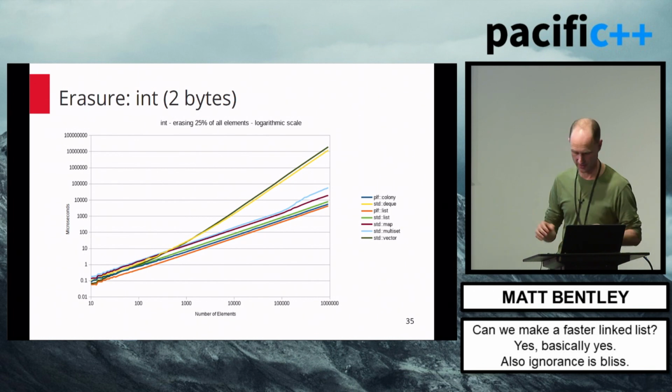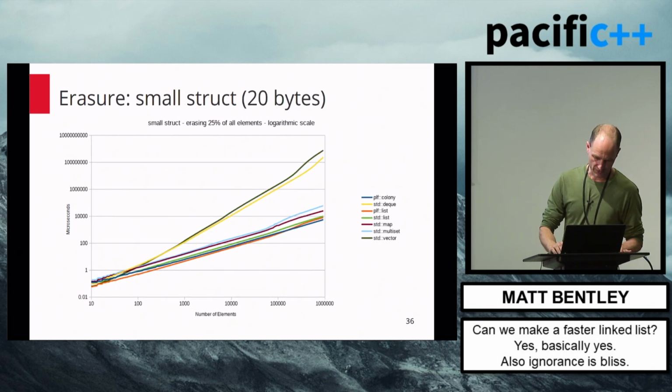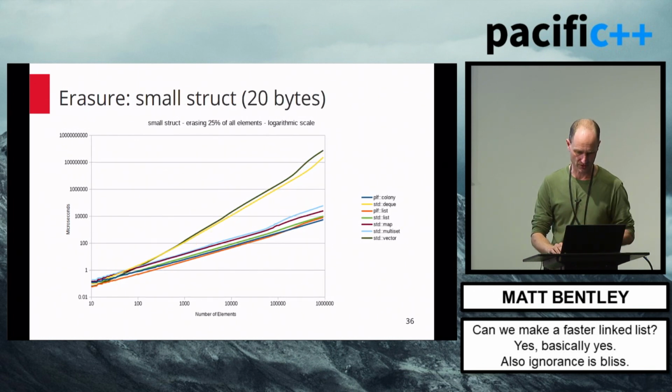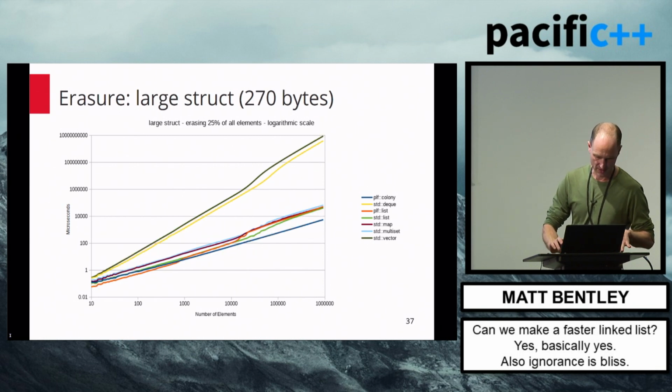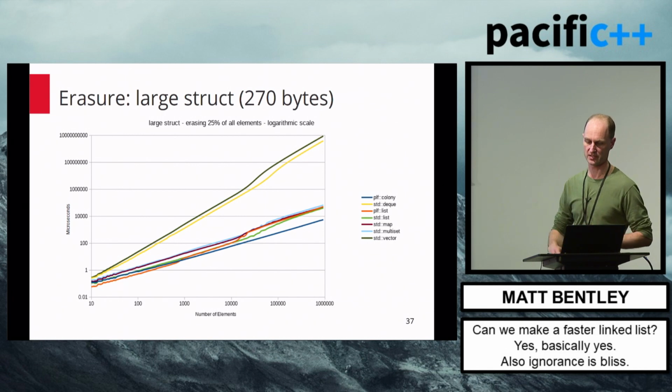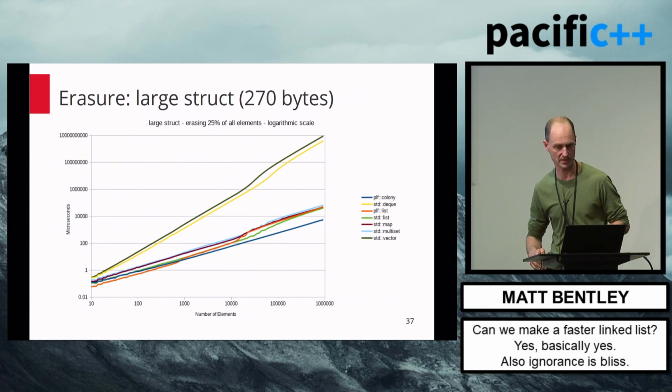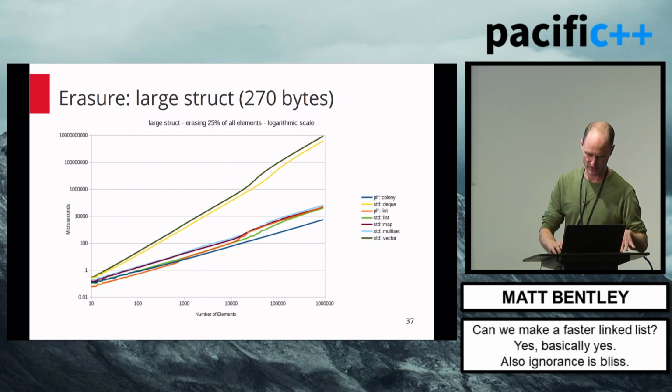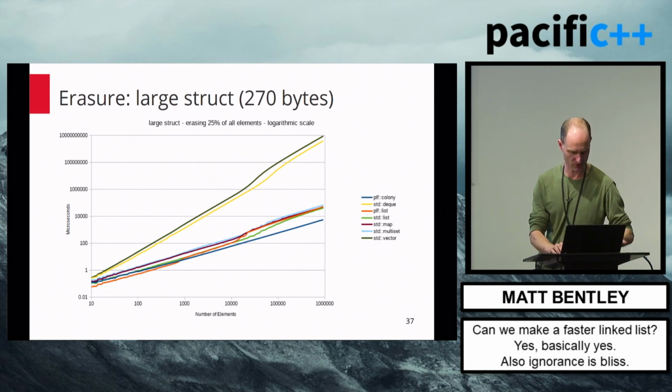So PLF list faster than the others, a little bit of crossover above 100,000 elements. And then large structs, we get, again, a little bit of that crossover weirdness between standard list and PLF list. I have yet to work out exactly what that is, but perhaps somebody in the audience who is more familiar with cache, etc., can tell me.